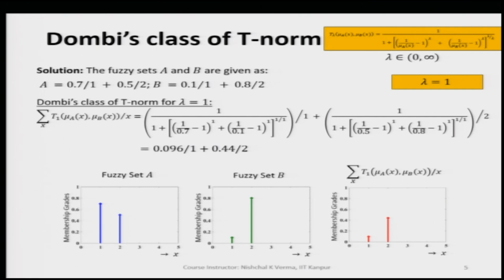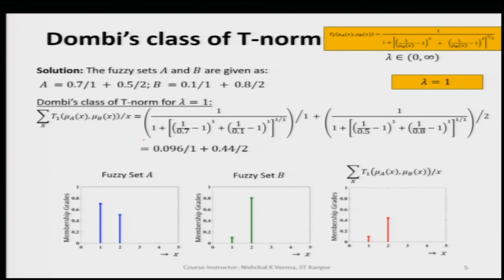It is very simple. We take the membership values of the fuzzy sets A and B respectively, and then apply the Dombi's class of T norm formula, and this way we get the result as you see here.